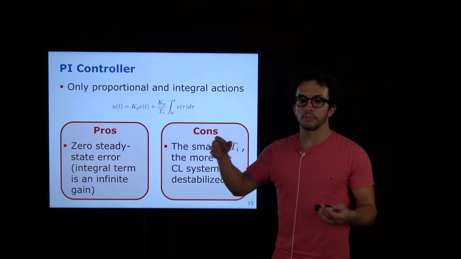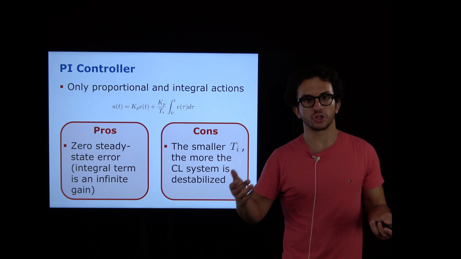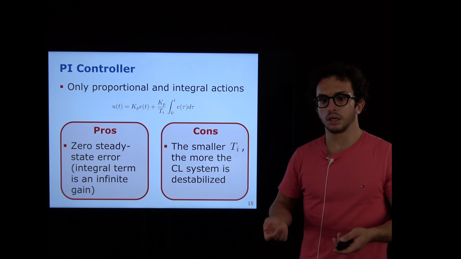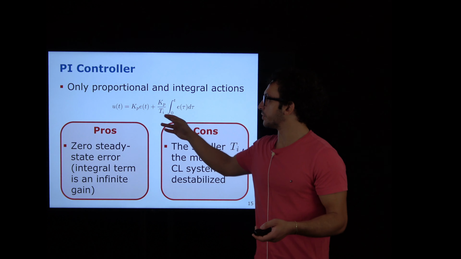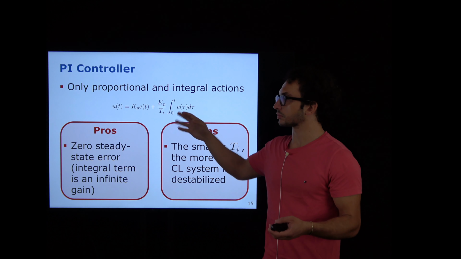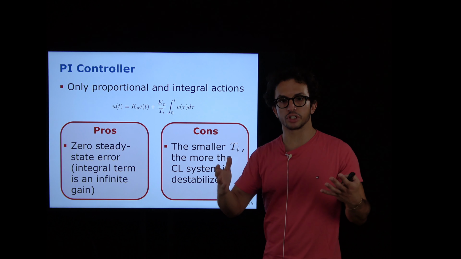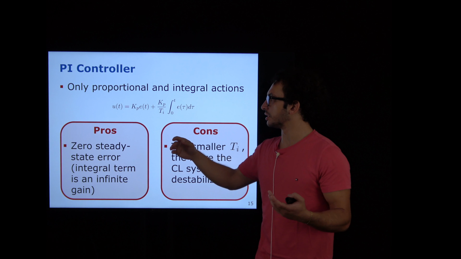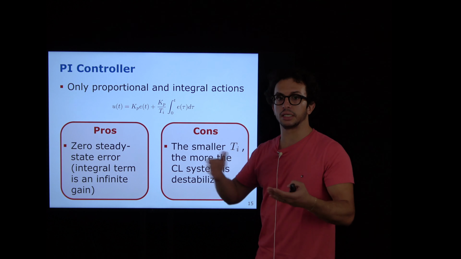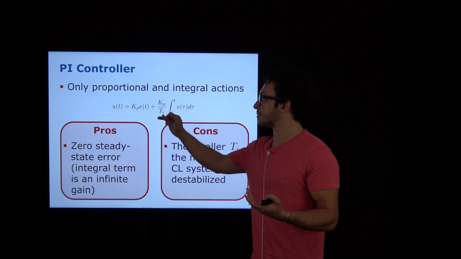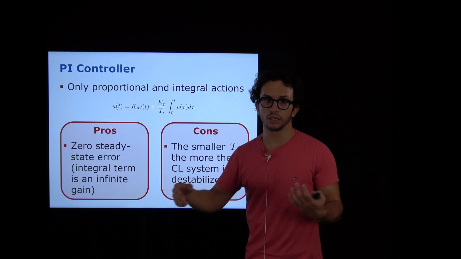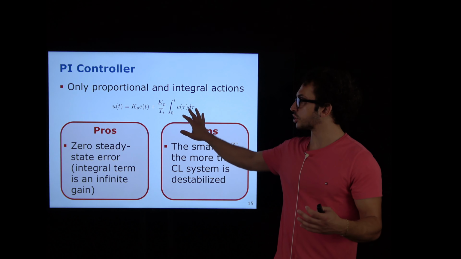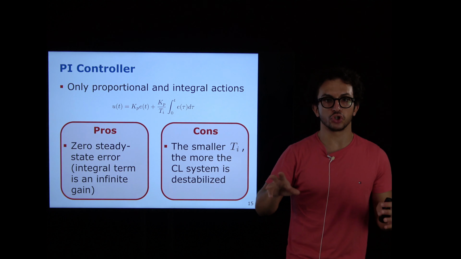this basically counts as an integral gain, as an infinite gain, because it integrates over time with a certain integration time constant, which is usually quite small. So this is also a very big gain. Basically this is an action that brings your steady state error to zero.